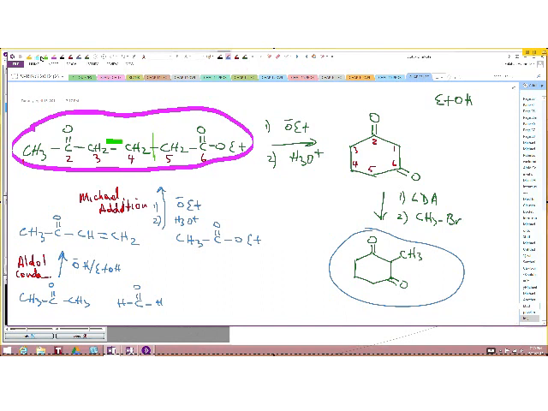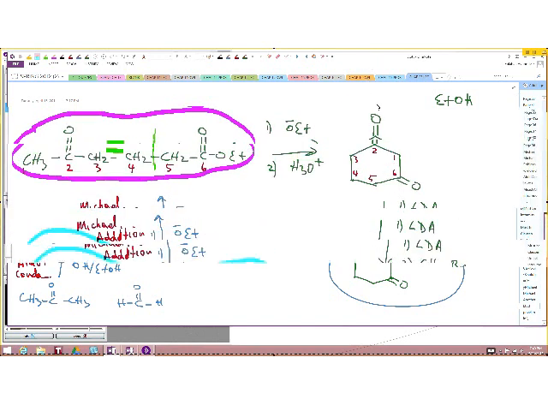Yes, Michael addition would be this here. These two. That's Michael. Because what are you doing? You're making the enolate here, and then you add into this carbon-carbon double bond. Yeah. Okay. So this is Michael. Okay. Just a minute.